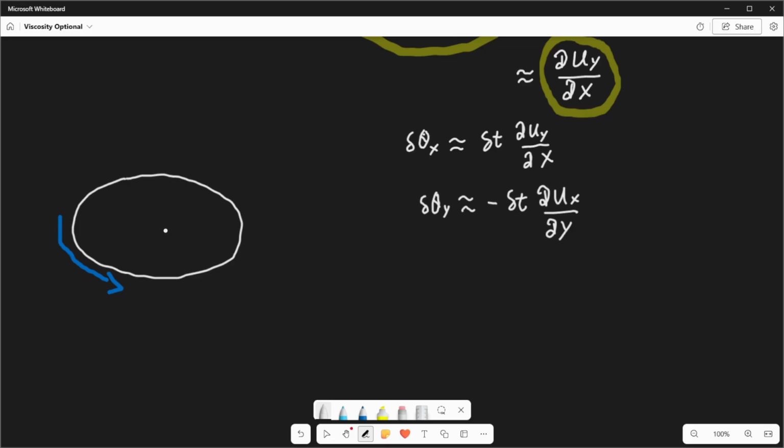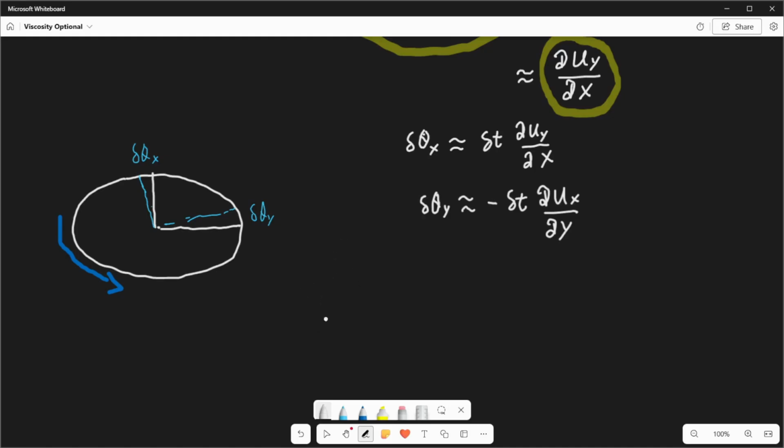But basically the idea is to take the average rotation and basically say, so we have this thing again, here, and then we have these angles, which are delta theta y and delta theta x. So the idea is, in order to calculate basically the rotation about this point, these two rotations are basically averaged.